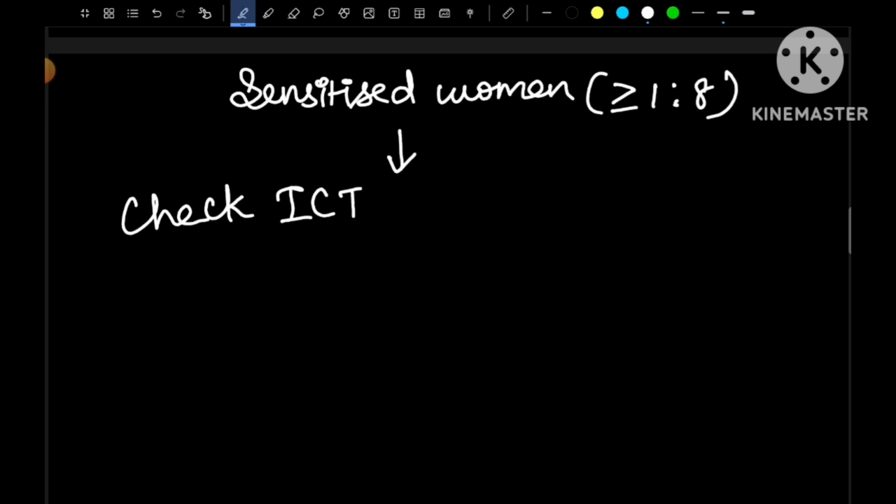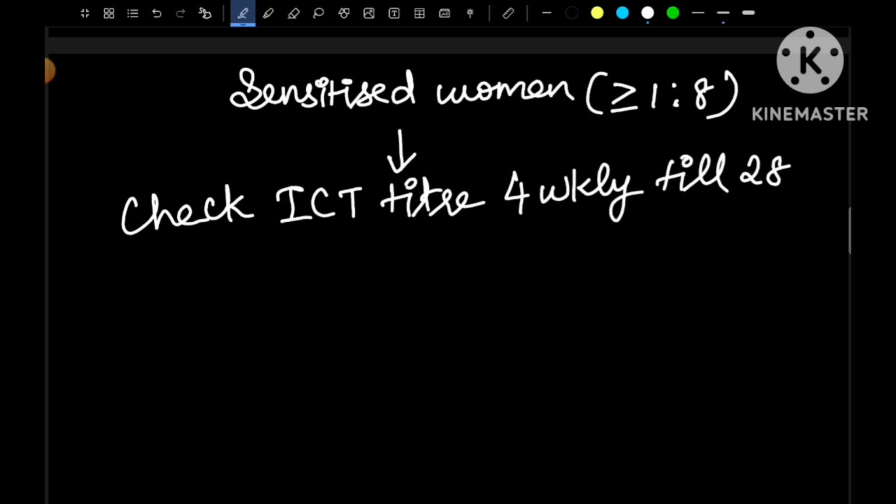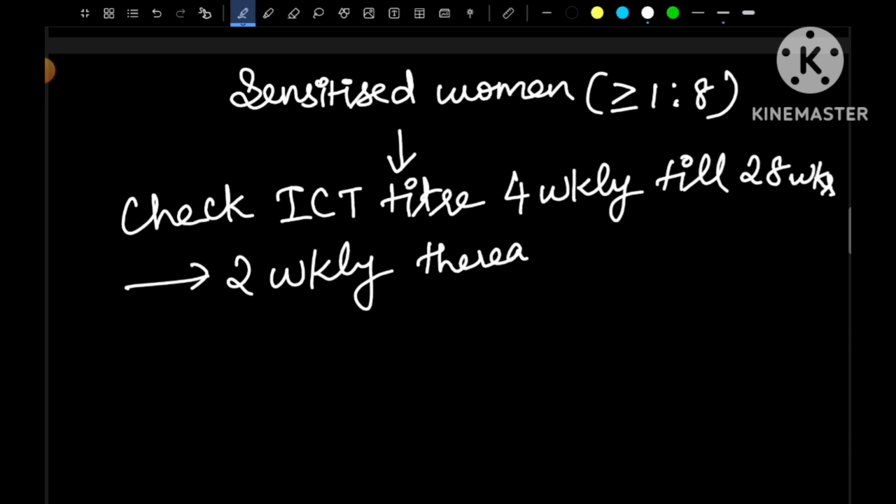Repeat the ICT titer 4 weekly, that means monthly, till 28 weeks, followed by 2 weekly thereafter.